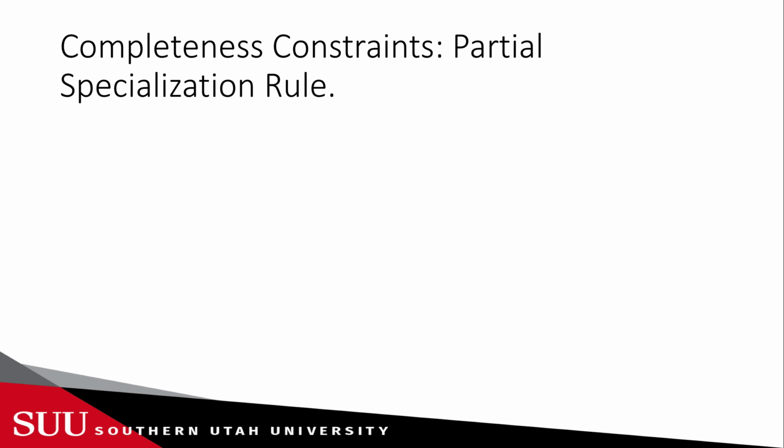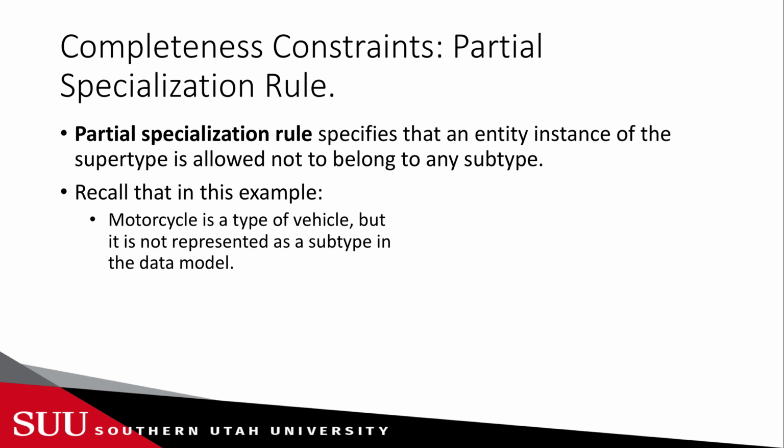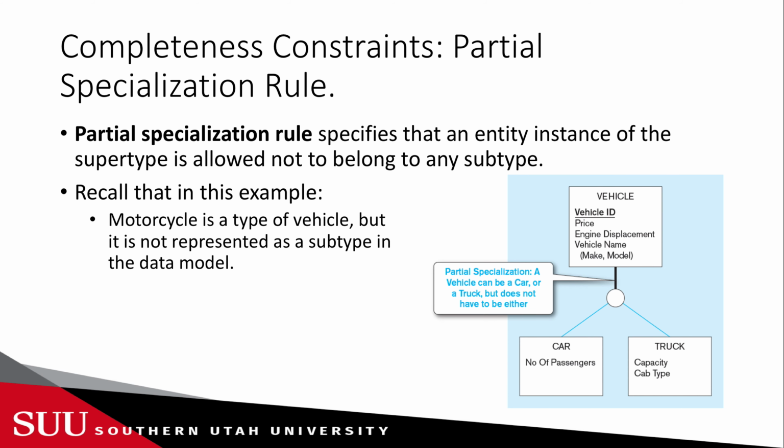Now what about partial specialization rule? It says that an entity instance of the supertype is allowed to belong to any subtype, but it also can be just part of the supertype. So recall this example where we had the motorcycle, which is a type of vehicle, but it's not represented in this ERD because it does not have any specific attributes or specific relationships.